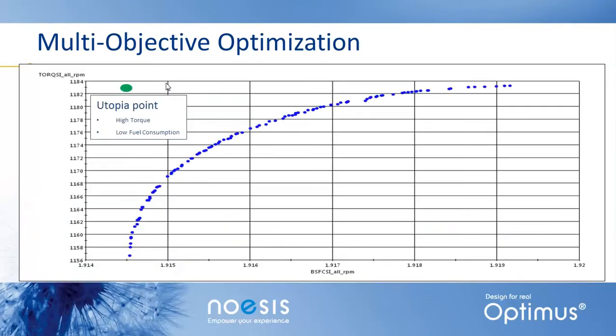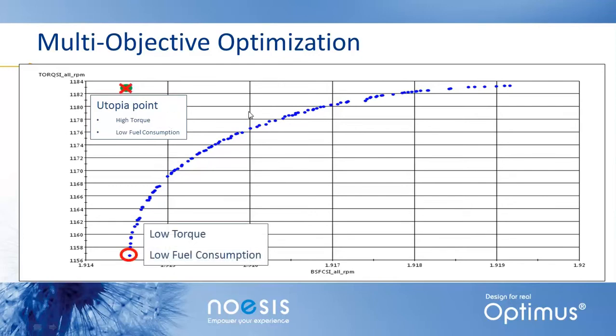And the result is that we get such a Pareto trade-off curve, where we of course want to attain this utopia point, which represents a design with a very high torque but also with a very low fuel consumption.